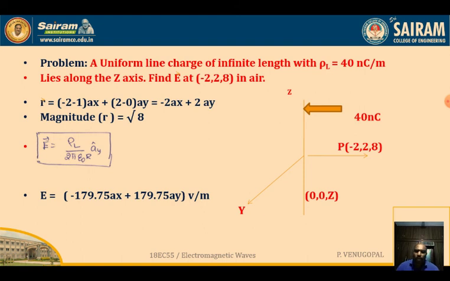Now one problem on this infinite line charge distribution. A uniform line charge of infinite length with rho L equal to 40 nanocoulombs per meter lies along the z axis. Find the electric field intensity at the point (minus 2, 2, 8).